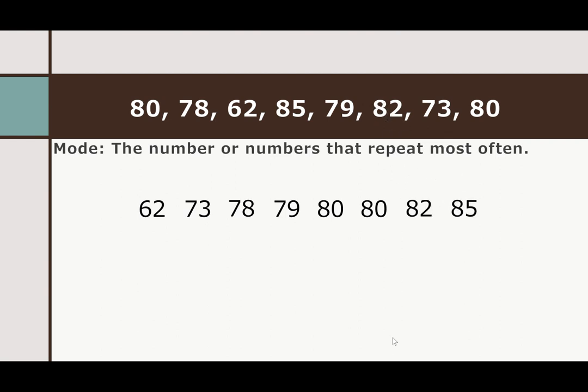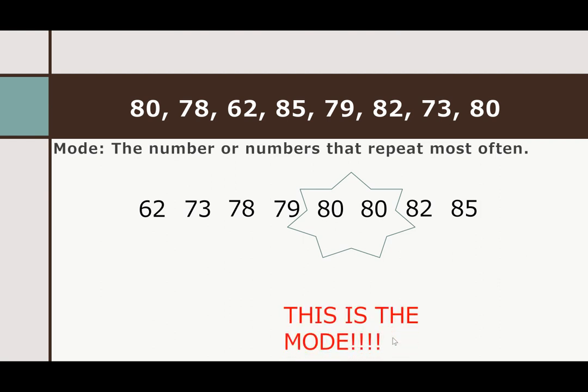Now all I have to do is look for the number or numbers that repeat the most. Well, in this data set, the only number that repeats is 80. That's the only number in the data set that appears more than once. And when I have them all in order, I can see that very clearly. So in this case, 80 is the mode of the data set. That's it. It's that simple.